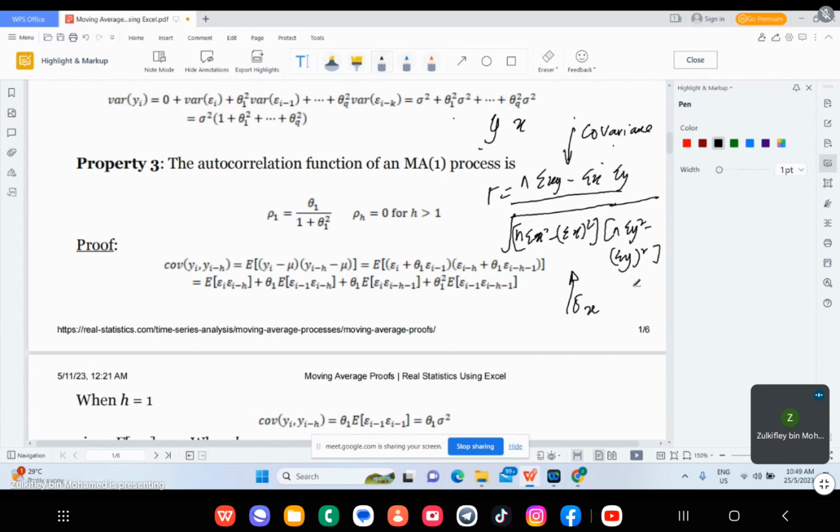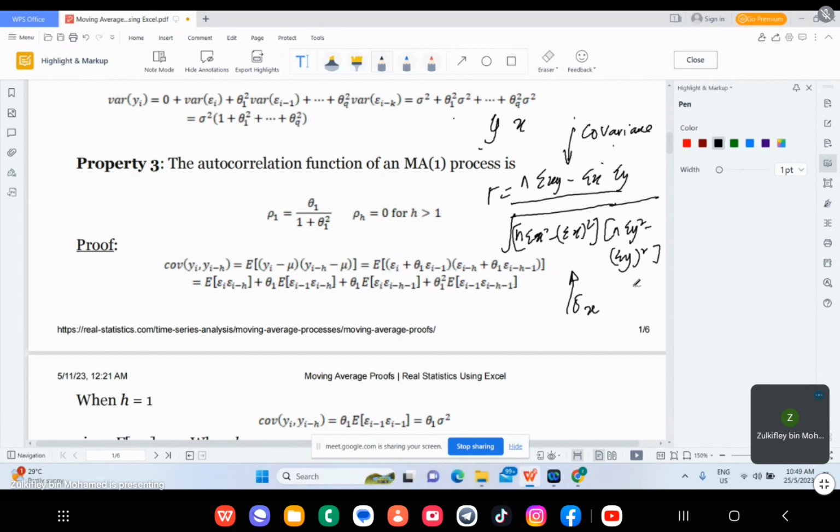So in other words, R or correlation is equal to the covariance sigma xy over the standard deviation of x and standard deviation of y. This is the concept of correlation.